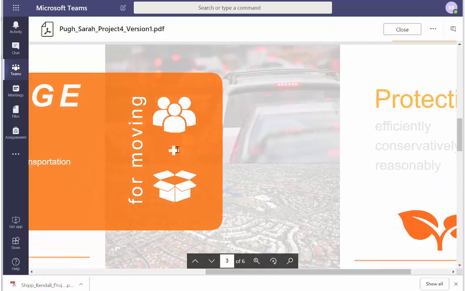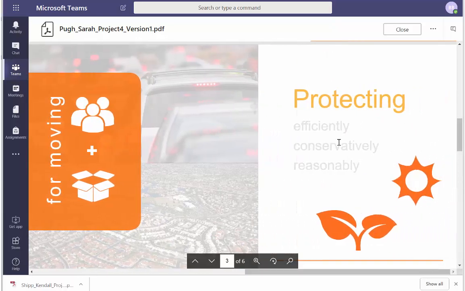So what I might do, nix this and pull this information over here. I still like that background image in the context. We need to move people and things and simultaneously protect these things.